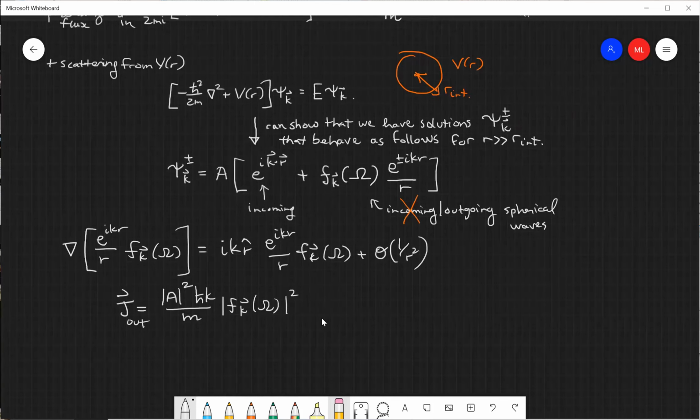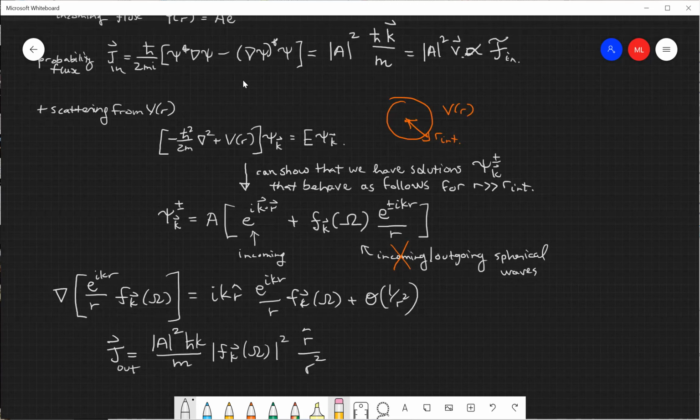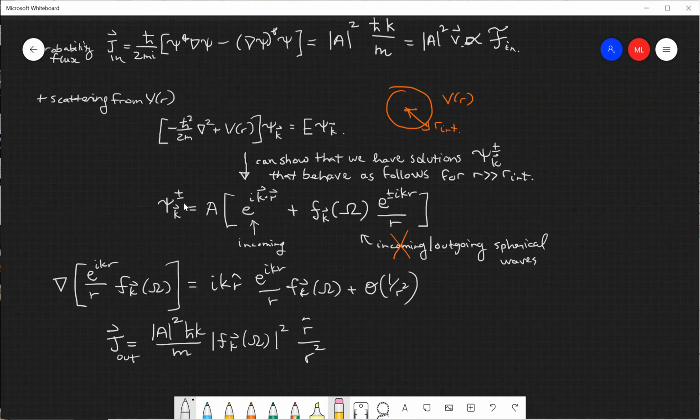It'll be this guy times r hat over r squared. You could just calculate it by plugging this form in. For the gradient, you get this. Basically, everything becomes squared. The phase goes away because of the complex conjugates, so you get 1 over r squared, you get this guy squared, and you get the amplitude squared, and then there's h bars and m's due to this factor out in front here.